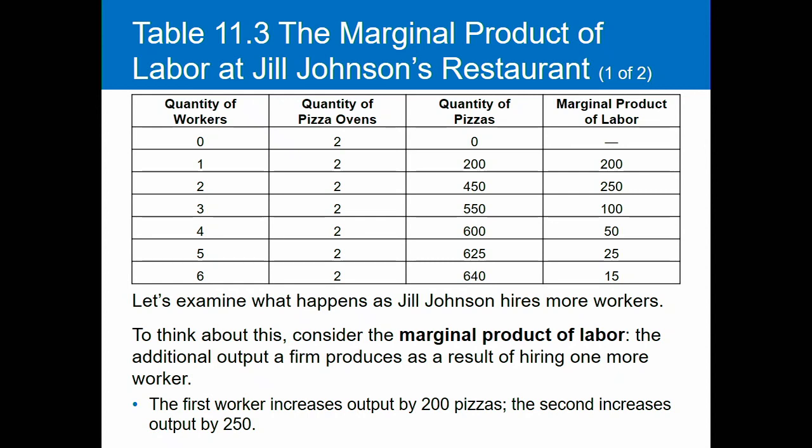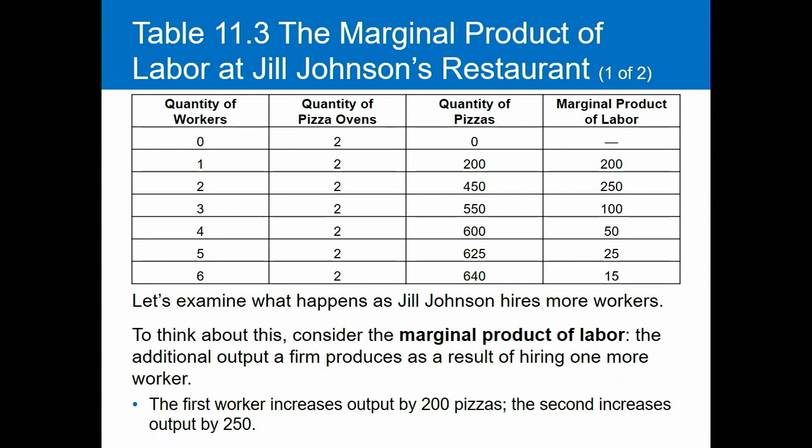So we see going from one worker to two workers, the marginal product of labor increases. The average product of labor is going to be 200 for the first one, so 250 is greater than that. It's going to bring up the average product of labor. Then we have that third worker. Marginal product of labor is only 100, so it's less than the average. It's going to bring the average down.